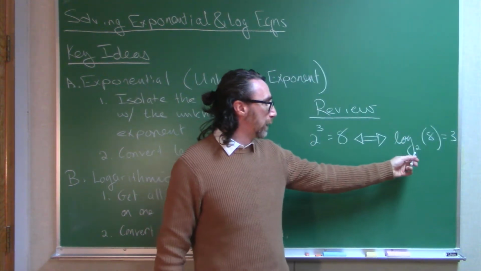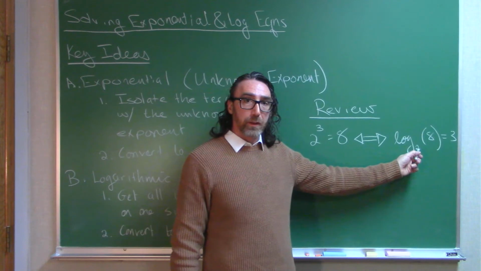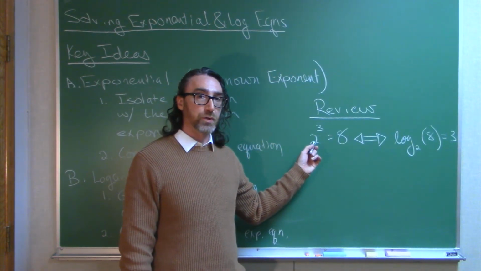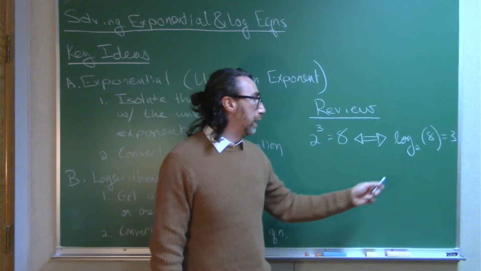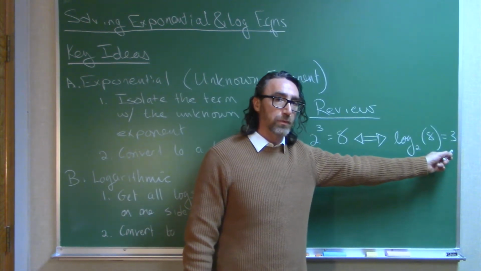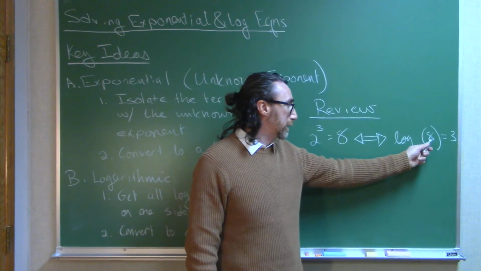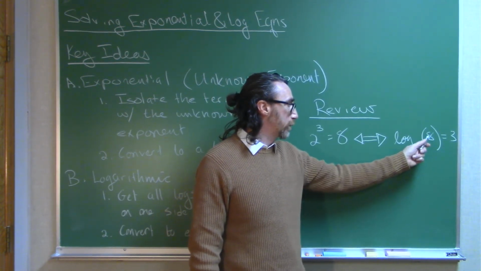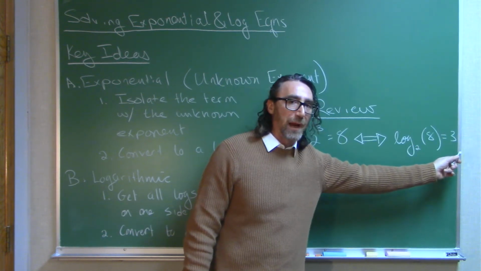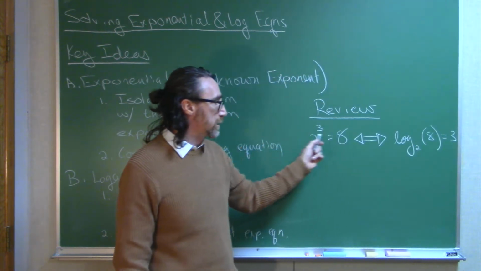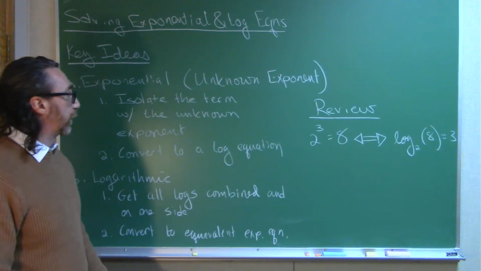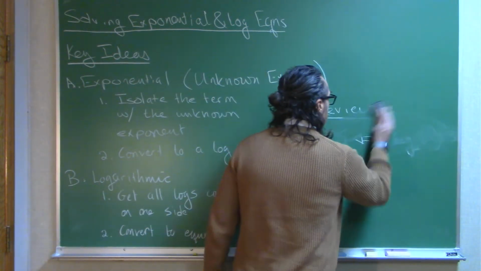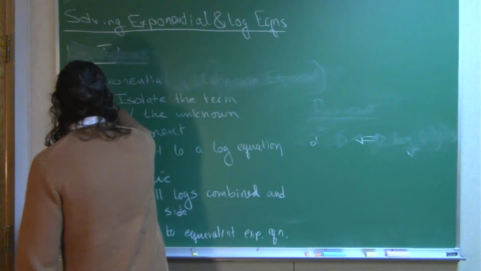So remember, the base of the log always matches the base of the companion exponential function, and the log tells you the exponent. So you want to hit this target as a power of 2. You want to take a power of 2 and get 8, use power 3. So that's what this is saying as well. All right? So we'll need to use that when we are solving exponential and logarithmic equations.